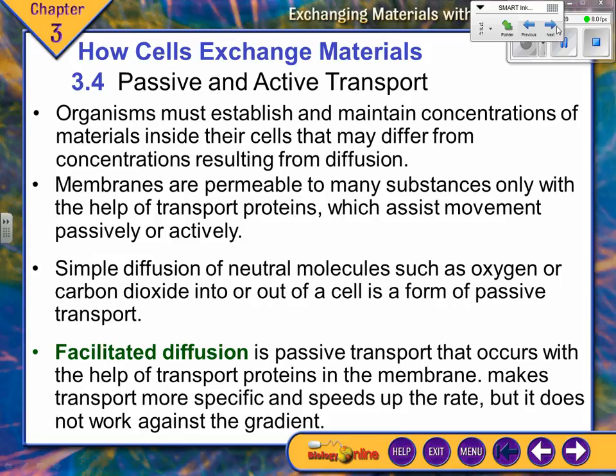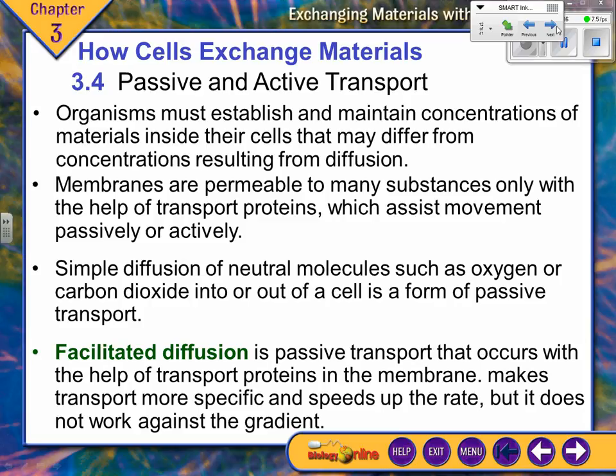So now we got people spraying perfume up here. And if this door, forget I opened it, let's just say it's always open, okay? Can things move back and forth from the hallway to the room? Because of this special transport protein, right? For in our cell. So is this passive or active?